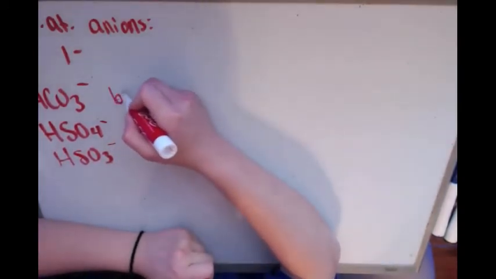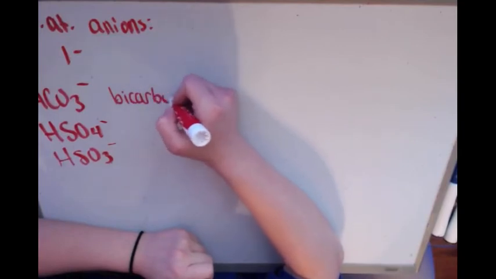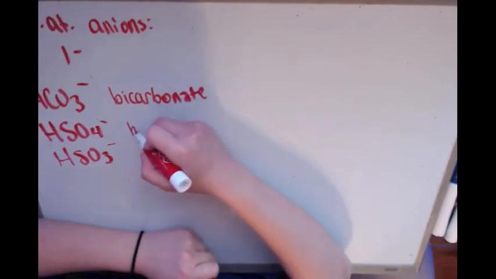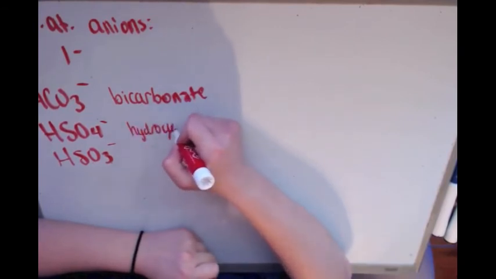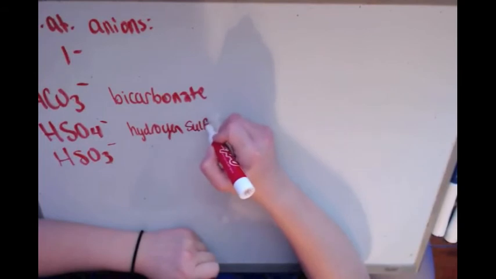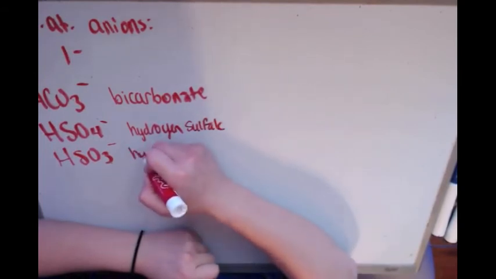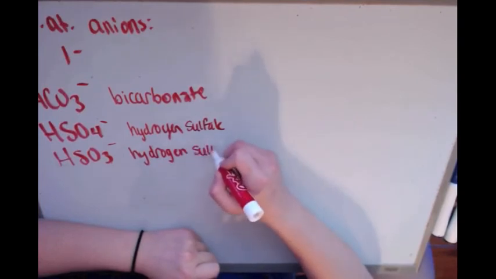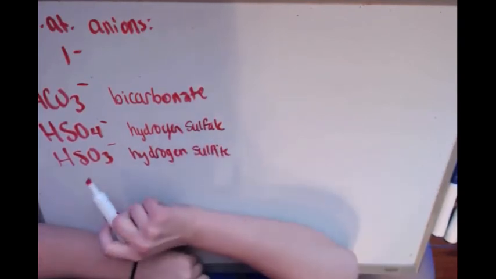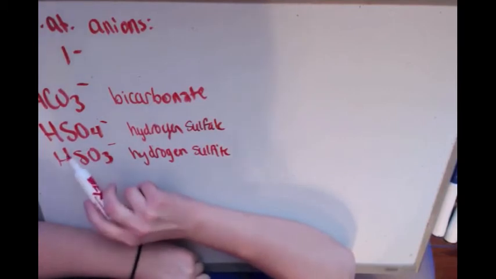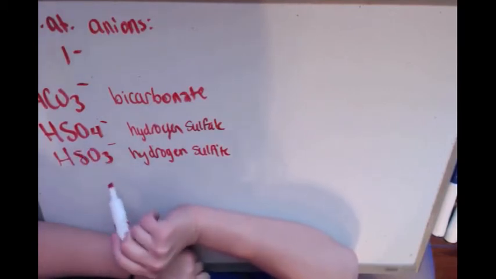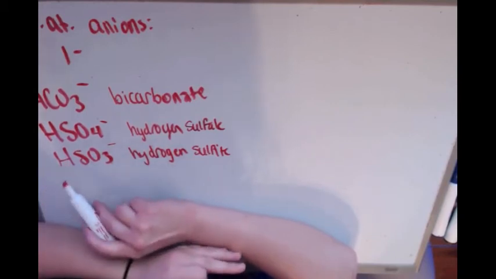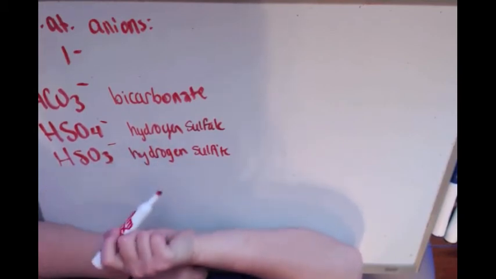So notice how this is SO4 and SO3. It both has sulfur, it both has oxygen, and then the H, which is the hydrogen part.